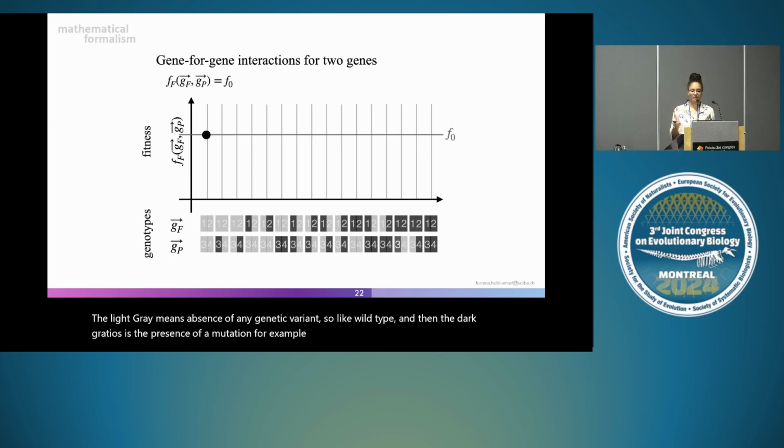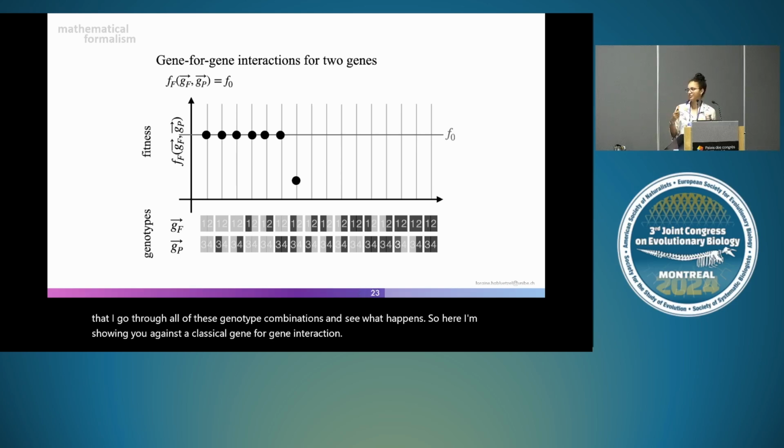So I would start with wild type, and this gives us the expected baseline fitness that I'm measuring. And then the idea is that I go through all of these genotype combinations and see what happens. So here I'm showing you a classical gene-for-gene interaction.